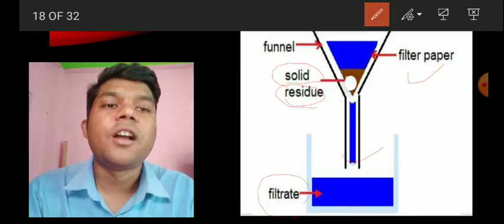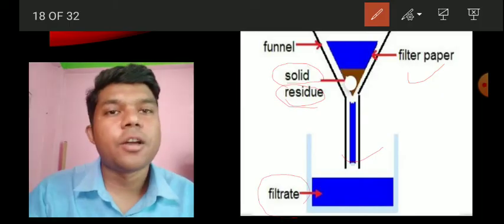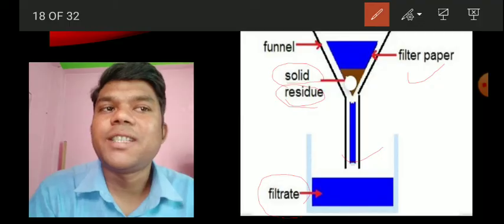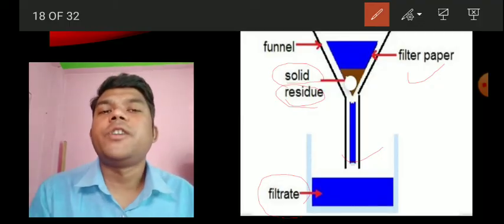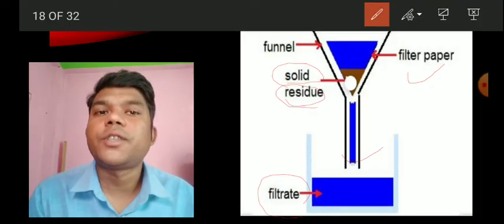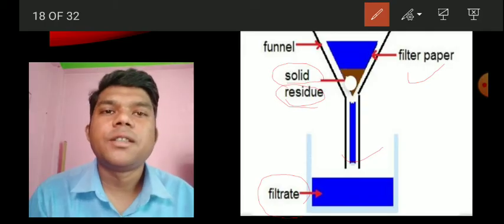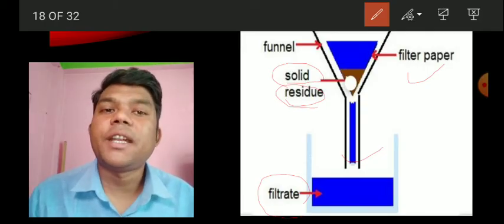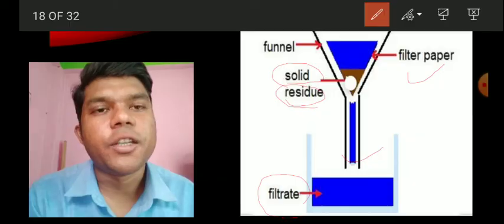These are some terms you should also understand. So overall, filtration is the process in which components can be separated by using filter paper or muslin cloth.